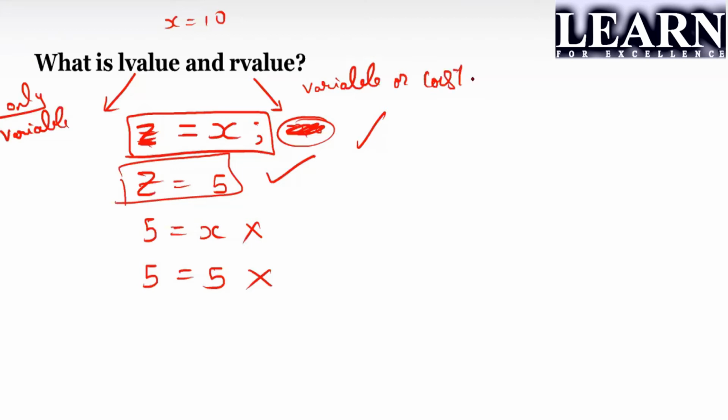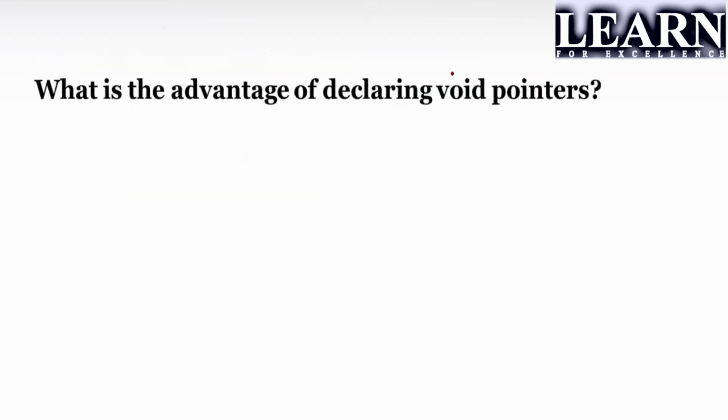What is the advantage of declaring a void pointer? Please understand, if you don't know what type of data the pointer will be pointing to, because you have just declared a pointer and not assigned it to anything, if you have not initialized any address to that pointer and you don't know whether it will be an integer pointer or a character pointer, you don't know what type of data.